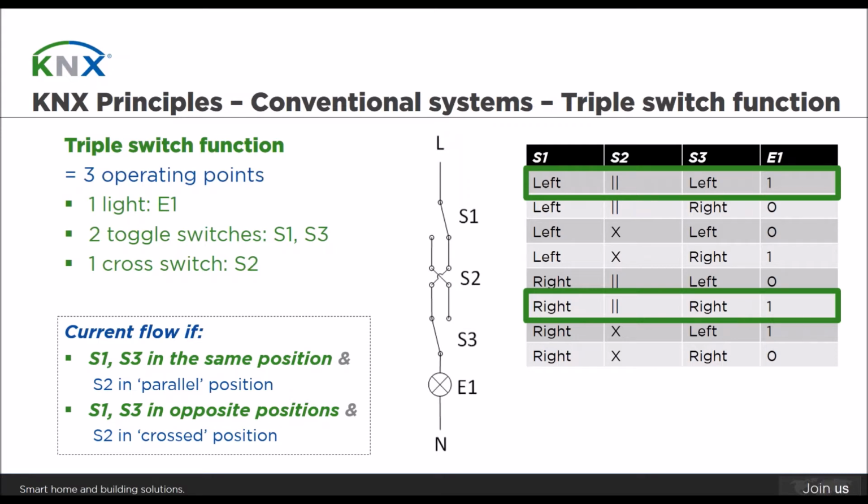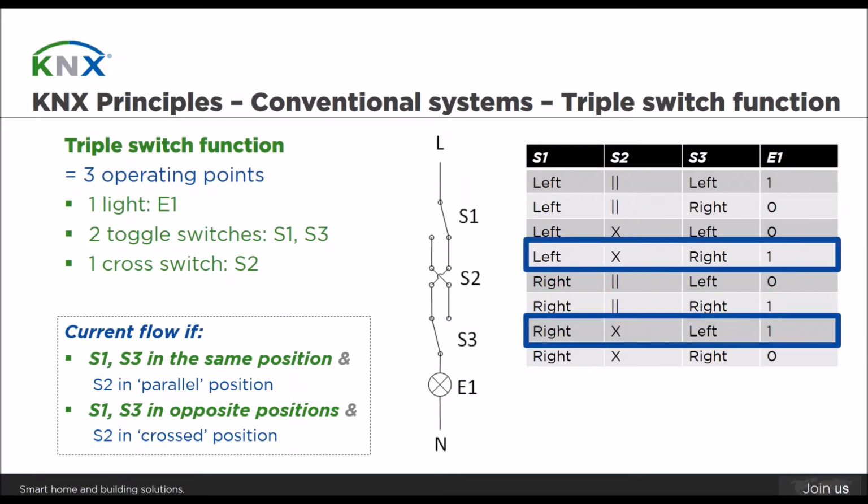The second case is where S1 and S3, so again the two toggle switches, are in opposite positions, and S2, the cross switch in between, is in the cross position. Just leave the slide here so that you can see a bit more of the electrical circuit.